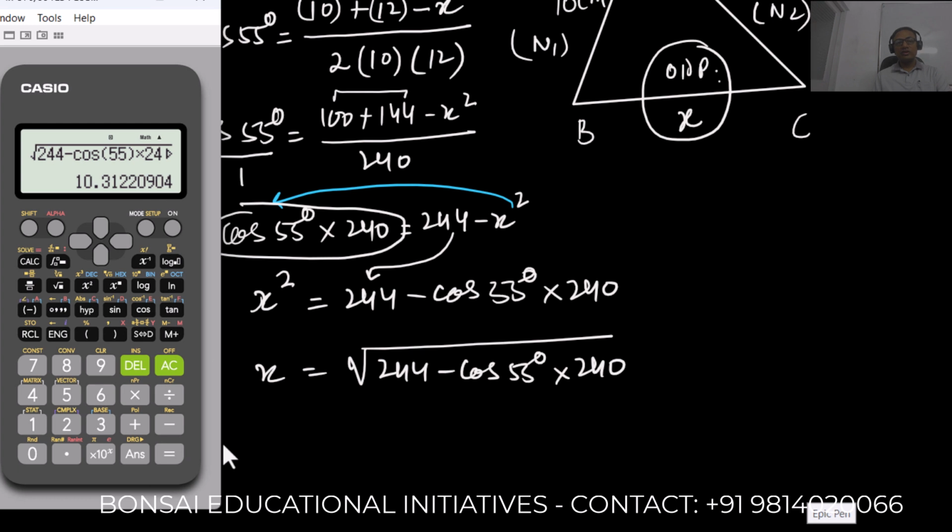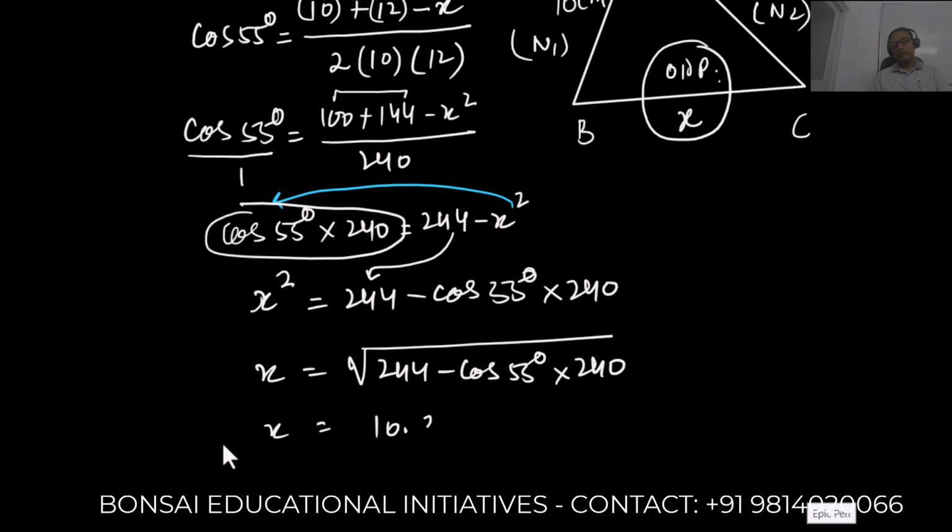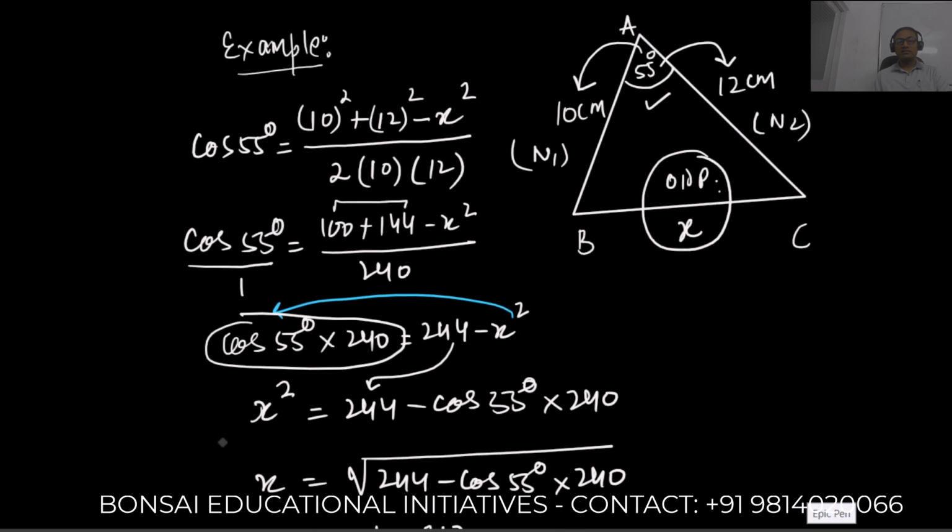So the value of x comes out to be 10.312, and if I solve it, I can write it as 10.31, correct to two decimal places, and that really depends on the problem, which kind of answer is required. Significant figures, one decimal place, two decimal places, three decimal places, you have to read the question very carefully. So in that context, angle, neighbor 1, neighbor 2, opposite side are suitable for cosine rule.